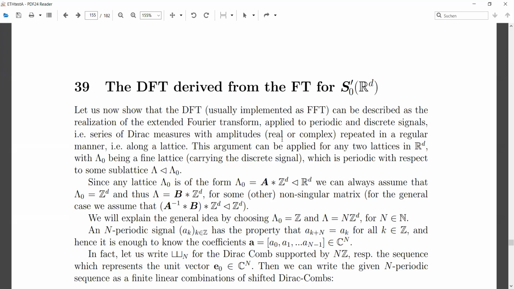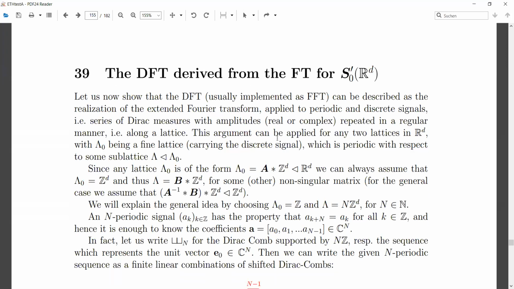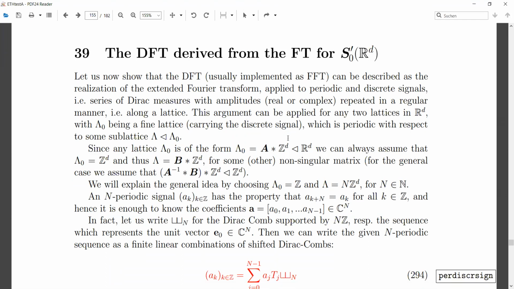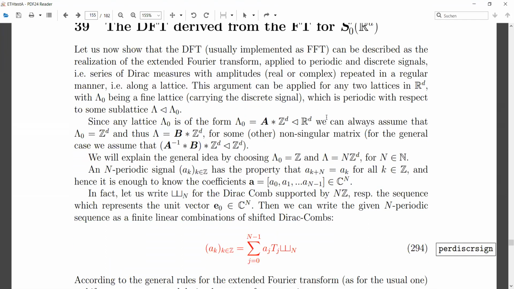So let me just quickly describe the situation from an abstract point of view and then go back to the concrete version. So if we are in R^d, everything will be about sampling in a regular fashion. And we will use the expression, something is a lattice, if it's a subgroup with respect to vector addition.